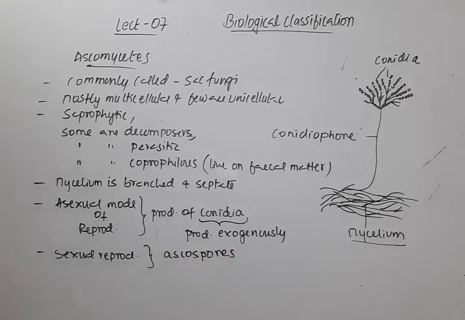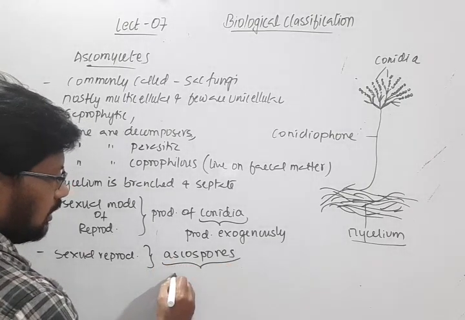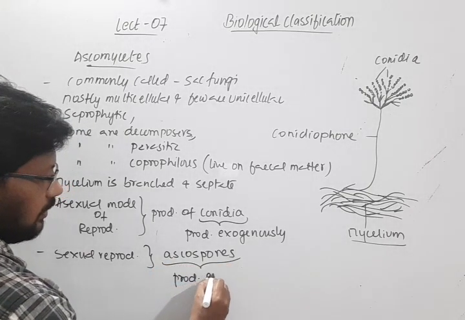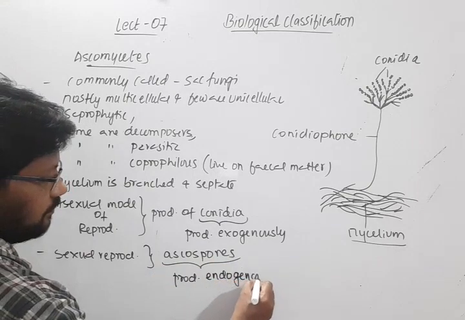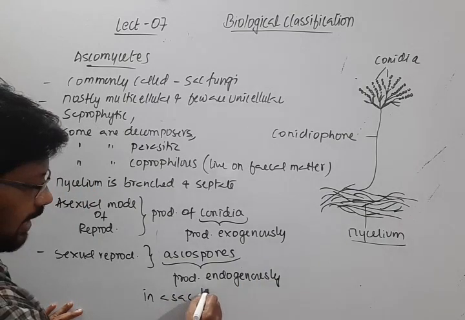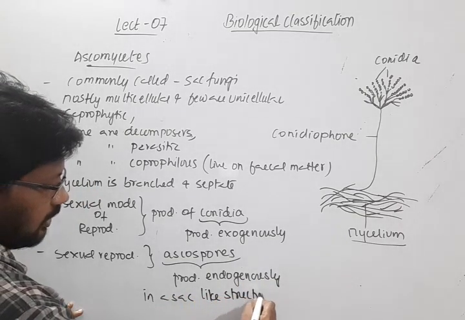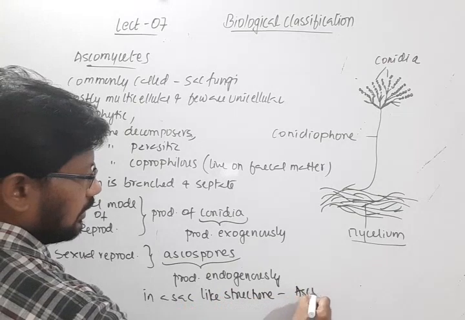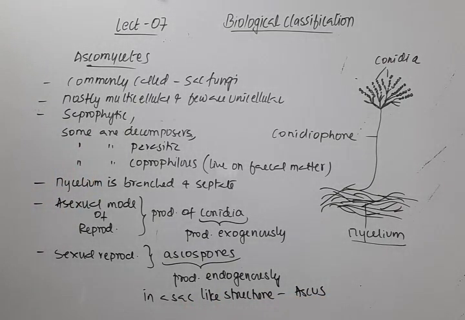These ascospores are produced endogenously in a sac-like structure called an ascus.